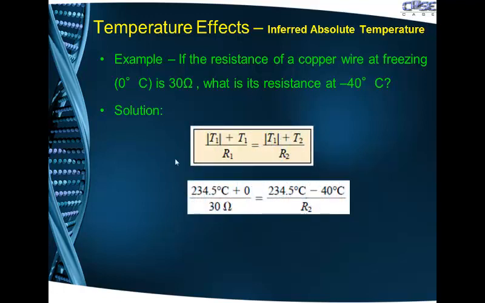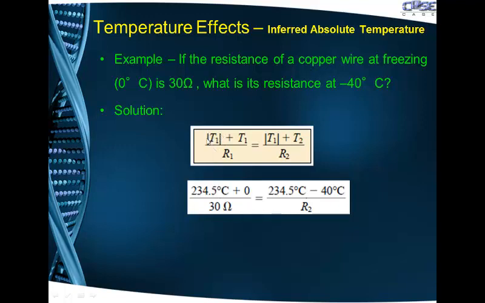So my temperature T1 is 0 degree and resistance 30 ohm. I want to compute the resistance at minus 40 degrees centigrade, what would be the resistance R2? This is the inferred absolute temperature for copper. So the given material is copper, so I know the inferred absolute zero for copper is minus 234.5 degrees centigrade.